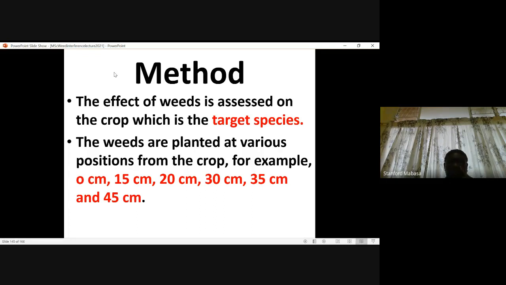So we can plant weeds at various distances from the crop rows. If we have got 0 centimeters, it means we are having weeds within the crop row. Then we can have other distances at 15, 20, 30, 35, and 45 centimeters, and see what can happen to crop yield.